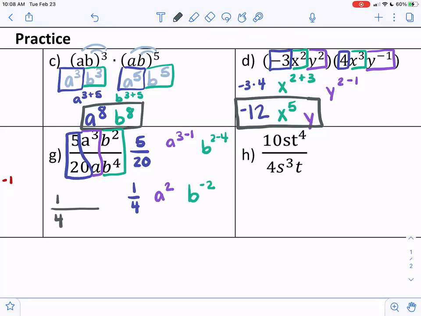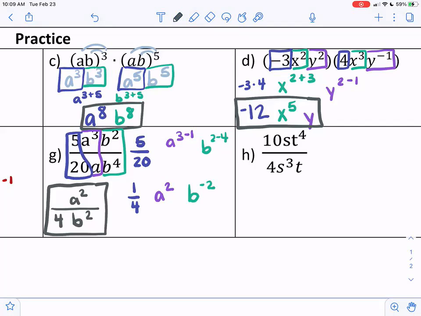A squared goes on top because it is a positive exponent. B squared, so B is going to go on the bottom of the fraction, and that 2 is going to become positive since we moved it to the other side. We're going to erase the 1 because we never have to write that 1, because 1 times A squared is just A squared. So my final solution would be A squared over 4B squared.